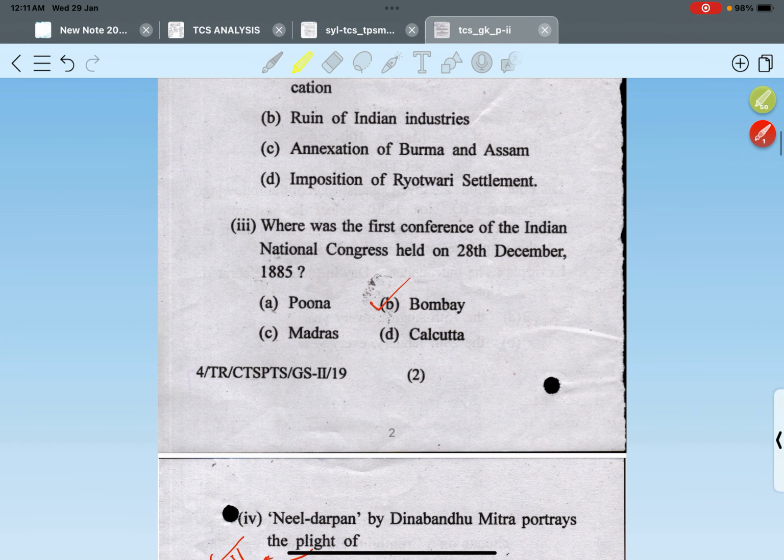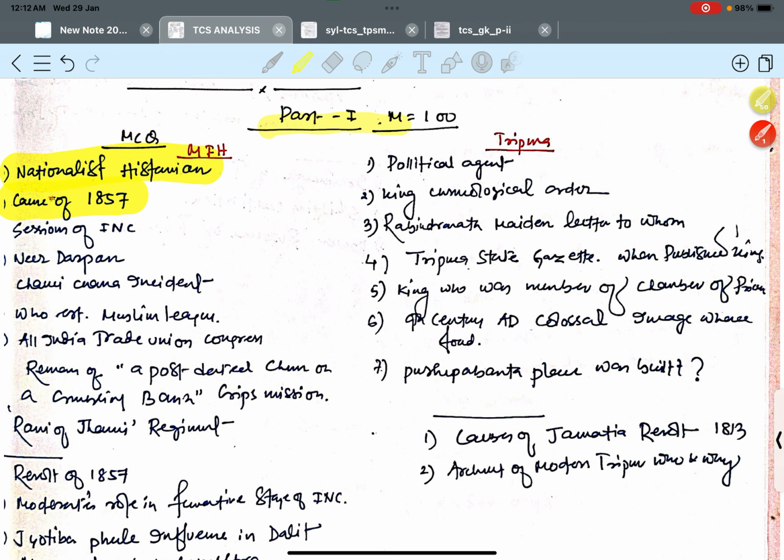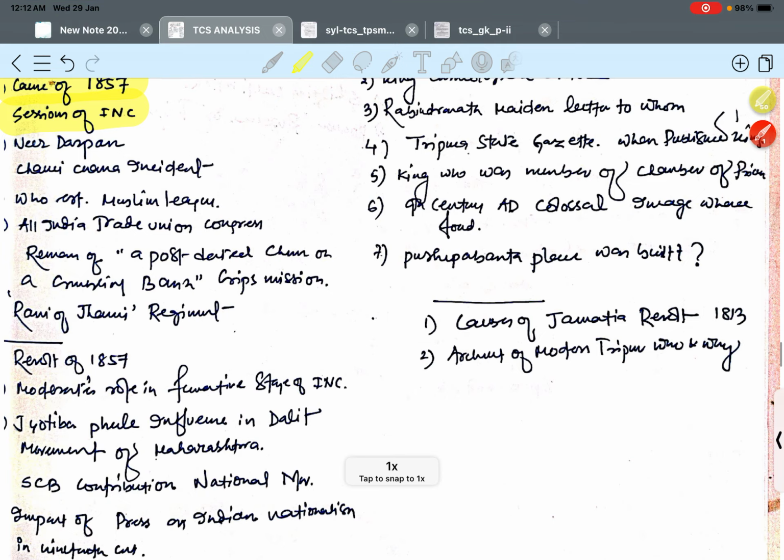Let's take another example. In the third question: where was the first conference of the Indian National Congress held on 28th December 1885? In the same way you will write the topic: sessions of INC. It means you have to cover the whole sessions, how many sessions took place, every session, and date-wise.